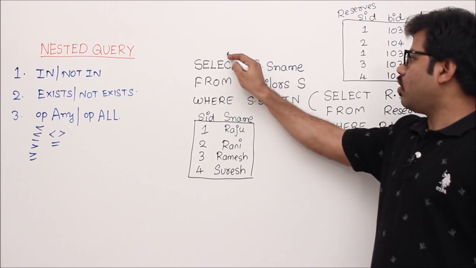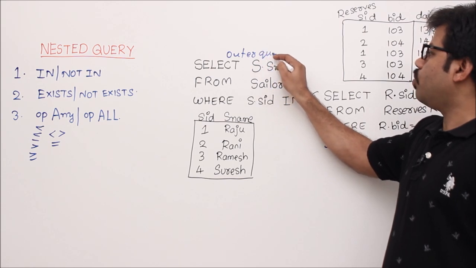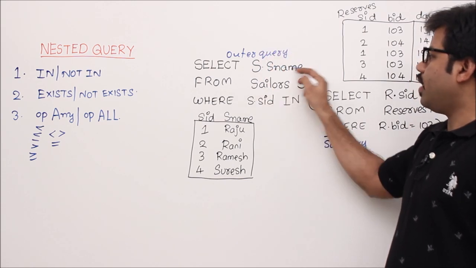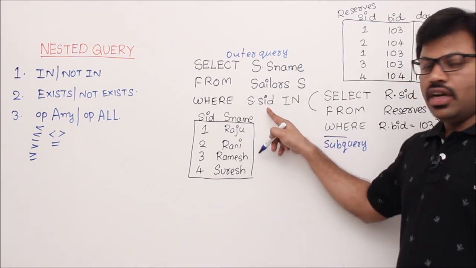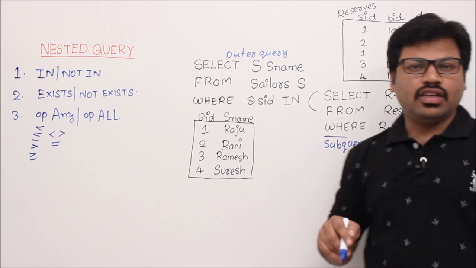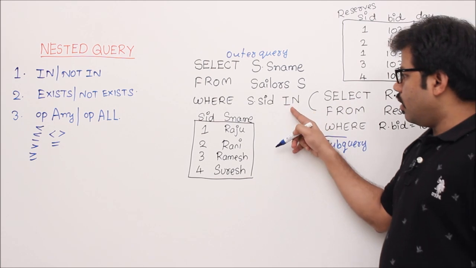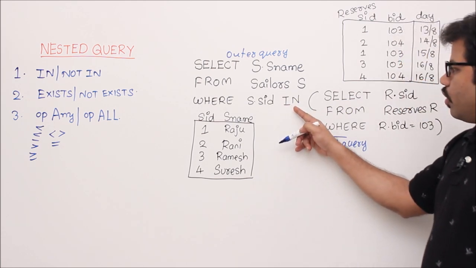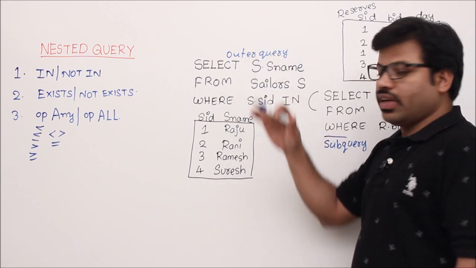The outer query is going to produce the output. Here it is going to print sname, but to print sname we have to evaluate the where condition, and that where condition depends on the output of the subquery. How this affects the output of the outer query, we will see.